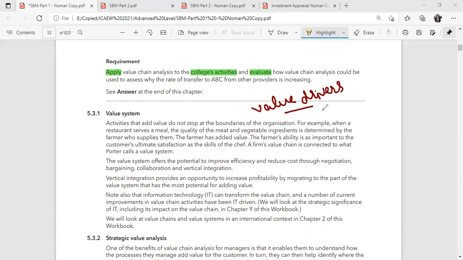As we discussed yesterday, value drivers provide our value. So we will be in a very good position because they can provide us competitive advantage. If we look at this situation, we have good staff, excellent results, innovation, an online learning system, traditional classrooms, and a lot of facilities. So all of these make for a very good transfer rate to ABC as compared to other providers.